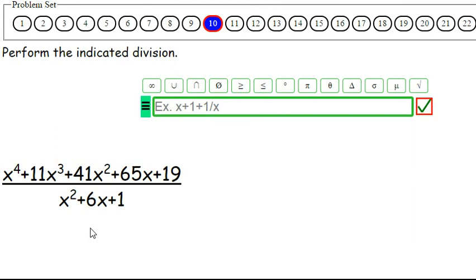Alright, write that down. x cubed plus 41x squared plus 65x plus 19, and that's going to be all over x squared plus 6x plus 1. Got it. So instead of writing all this, we're going to go right on into the problem.